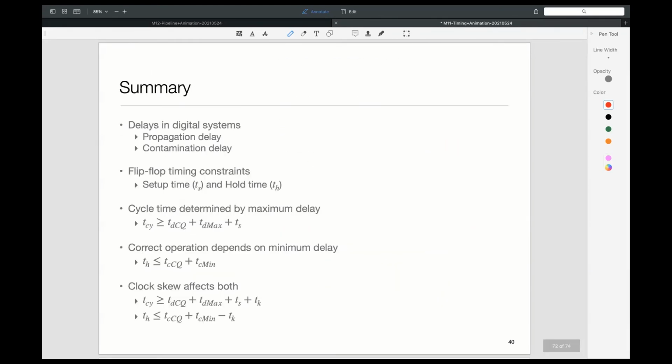Okay. So to summarize, delays in a digital system, you basically have to worry about delays in the combinational logic, which is propagation and contamination, right? Combinational and in the flip-flop from clock to output. But for the flip-flop, even more important are these setup and hold times.